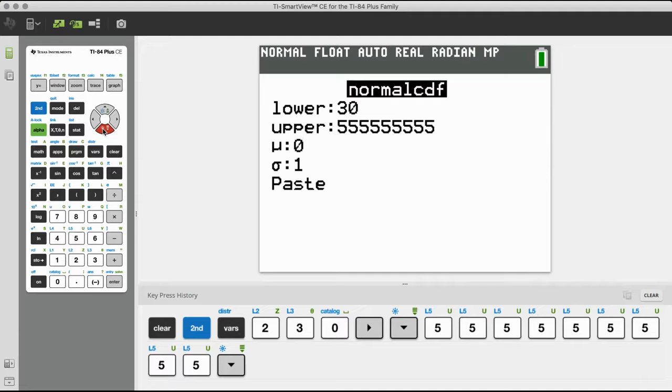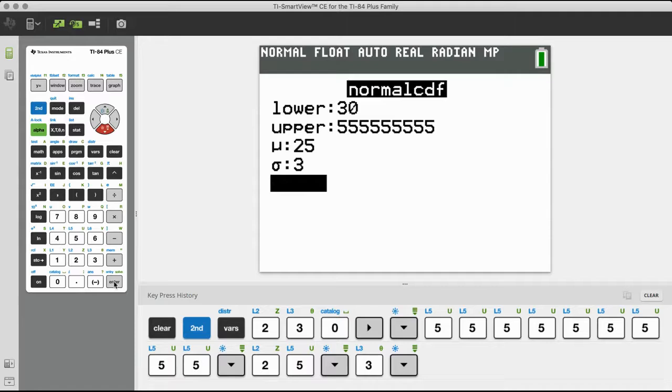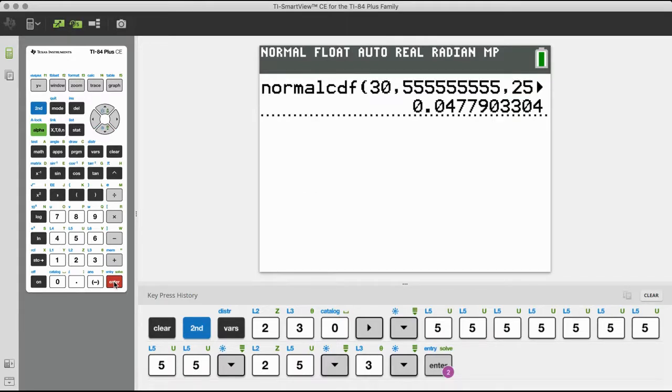I'm going to actually use the mean that they tell me of 25, and I'm going to use the standard deviation that they tell me, which is 3. And if I paste, I should get the 0.4048. So that's how you can actually use the mean and the standard deviation that they give you without standardizing. I just want you to see it because you will need it for the next lesson.